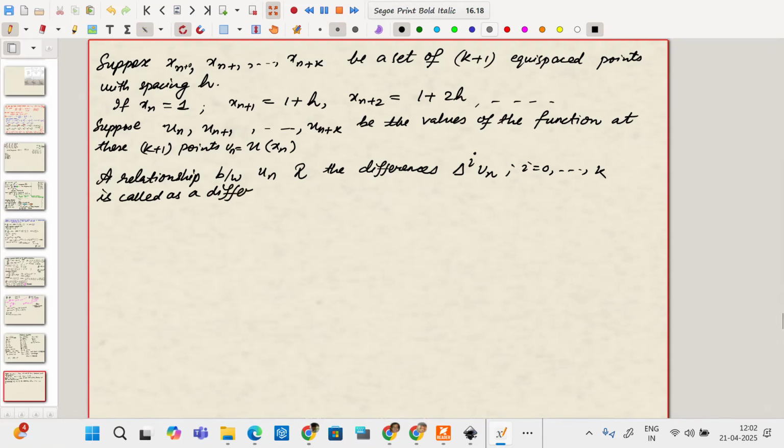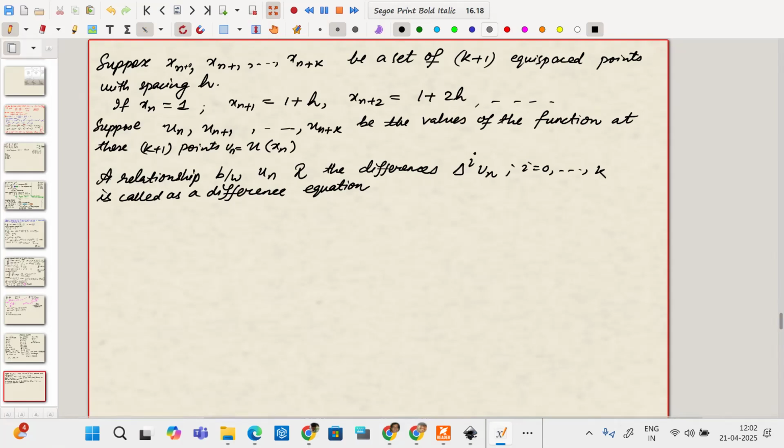Now you will get an understanding of why it is called a difference equation. I hope you know about this delta i un. You actually know it, but you might not know this notation. But we'll cover that.